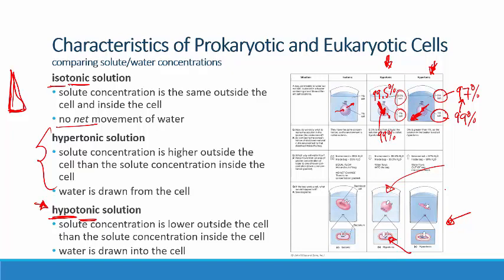And the regions that have lots of stuff dissolved in it, those are going to be the regions of low water concentration that are going to call water to that side of the membrane.